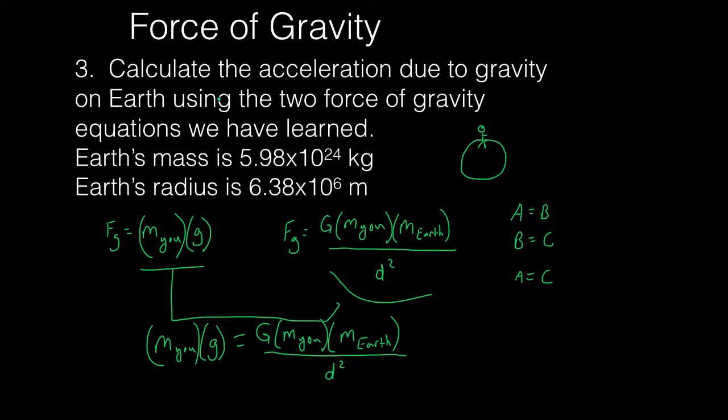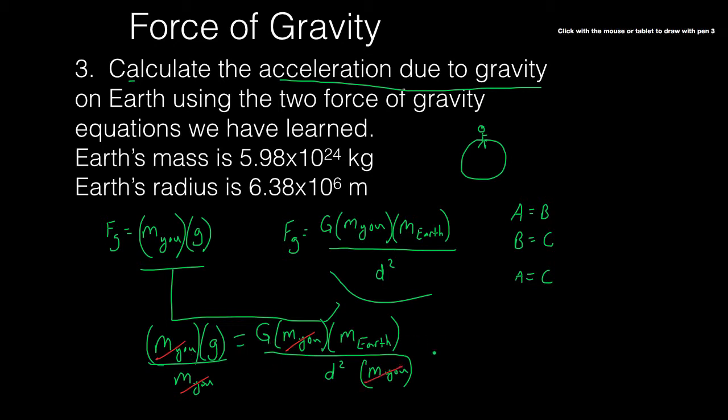Now, in the problem we're supposed to solve, it says calculate the acceleration due to gravity. And so that's what we're supposed to be finding. So to get g by itself, I'm going to divide this side by the mass of you, and divide this side by the mass of you. You're going to notice that on this side the mass of you cancels out, and on this side the mass of you cancels out.